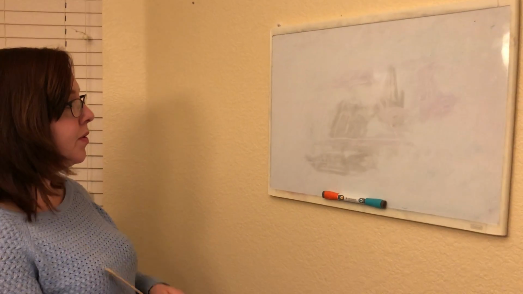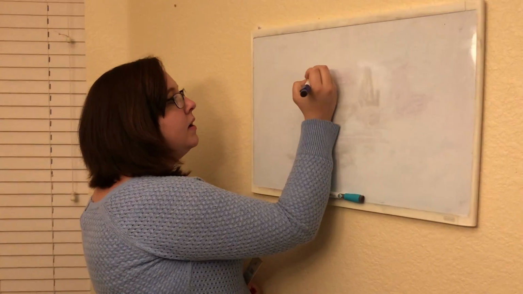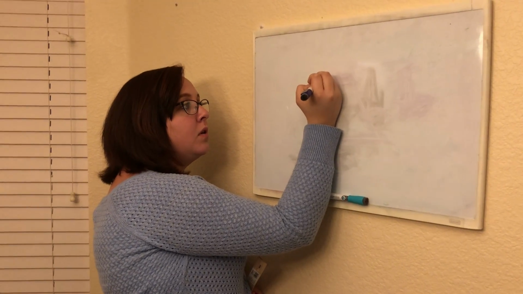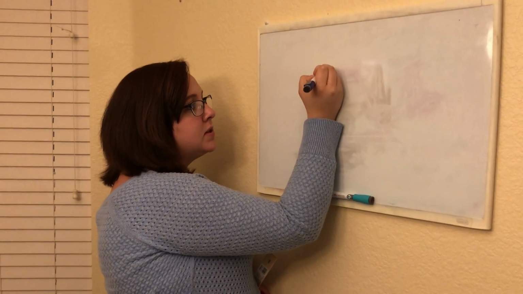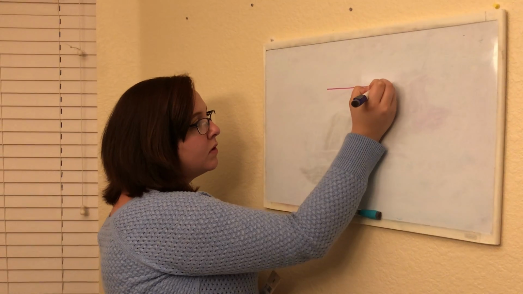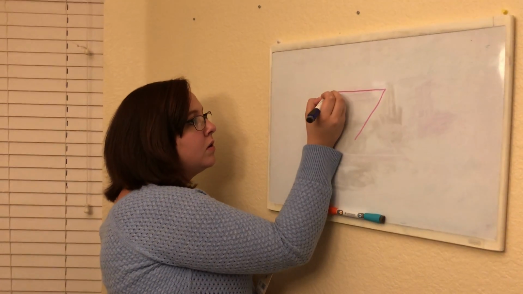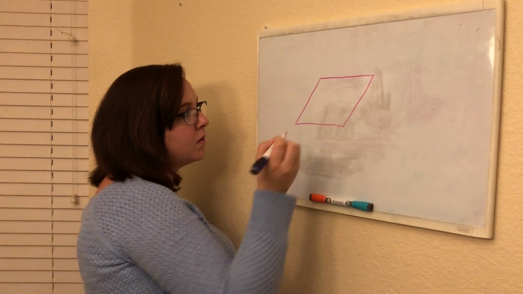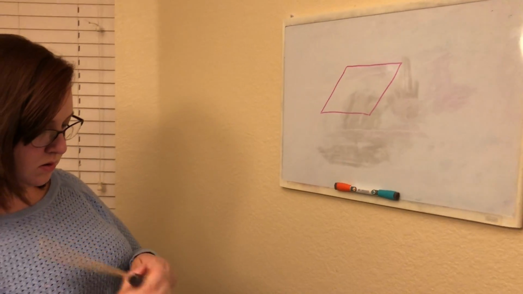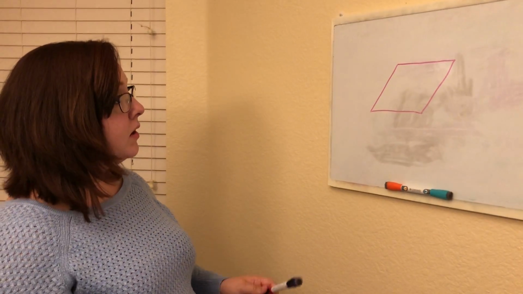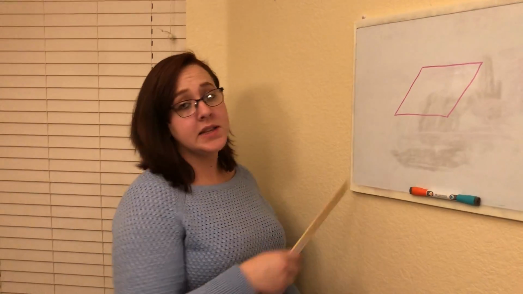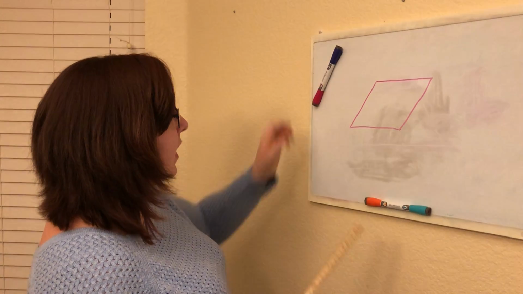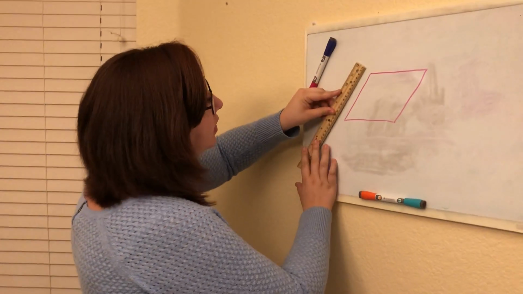Let's do a rhombus. Okay. Now, it doesn't have any side numbers written on it, right? Nope. So, we have to measure.